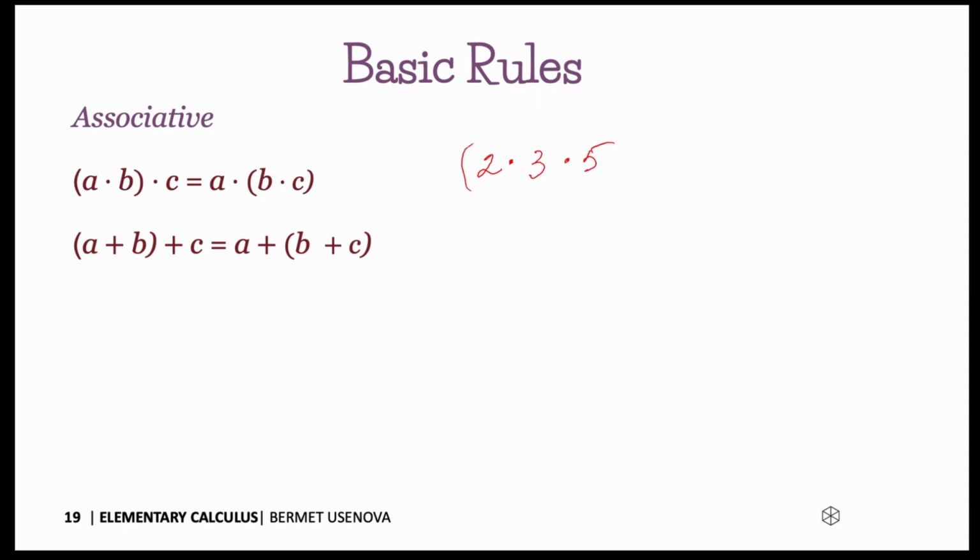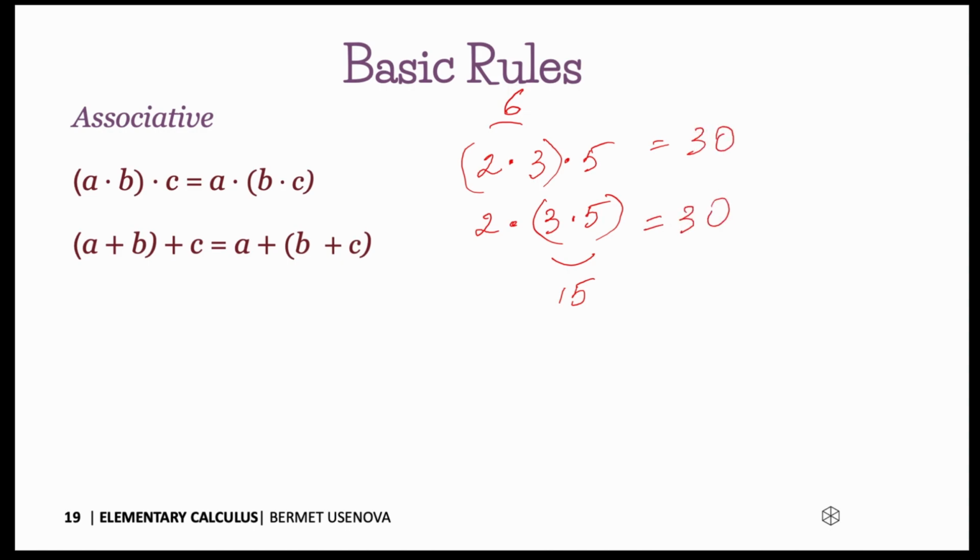So this is the same as this. It doesn't matter if we multiply 2 and 3 first, which will be 6, or 3 and 5 first, which will be 15. In both cases, we're going to have the same answer.